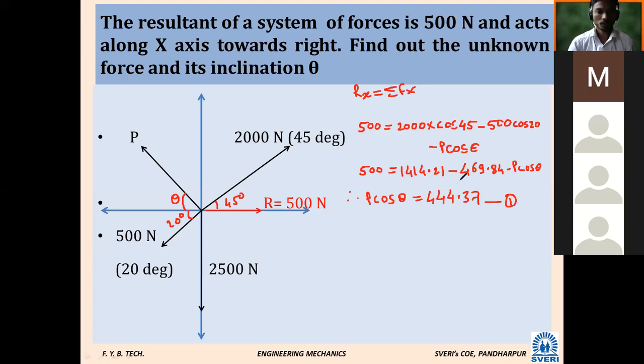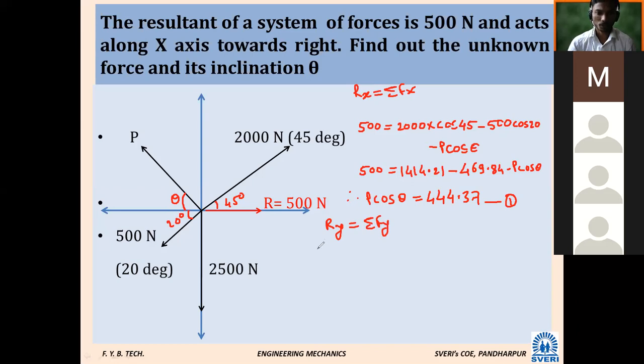Now if you go for applying the second equation, Ry is equal to summation Fy. So what is the value of Ry? The y component of the resultant 500 Newton is 0.